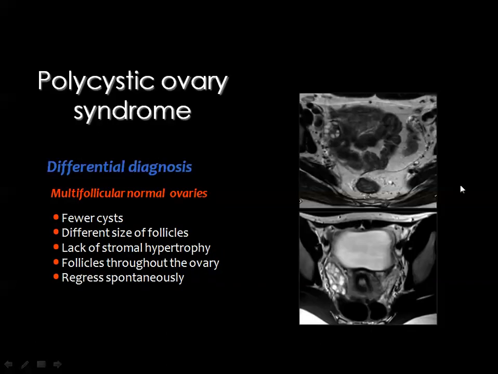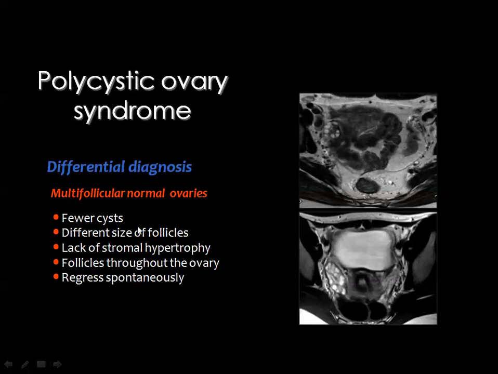Then this is the appearance of the polycystic ovary, and this is the appearance of the normal ovary. And here you see the central stroma is dark, and the peripheral capsule is also dark. This is how to differentiate between polycystic ovary and the normal multifollicular ovaries.